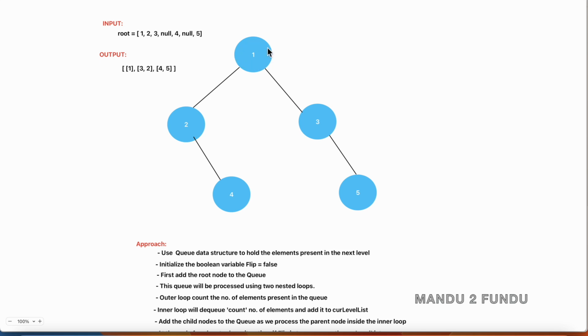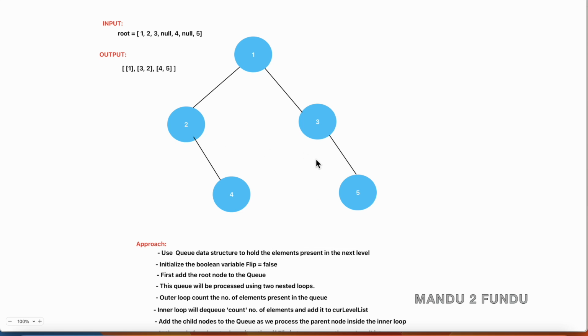Once that level processing is done, after coming out of the inner loop, we toggle the flip boolean variable so that it becomes true. So when the second level is processed, whenever the flip variable is true, this current level list will be reversed and then added to the output list. After that, we again toggle the flip variable.